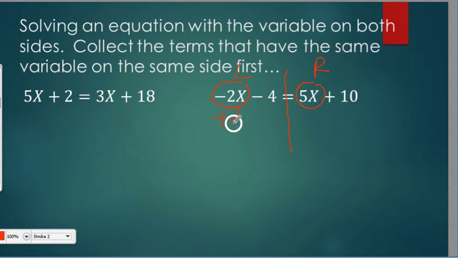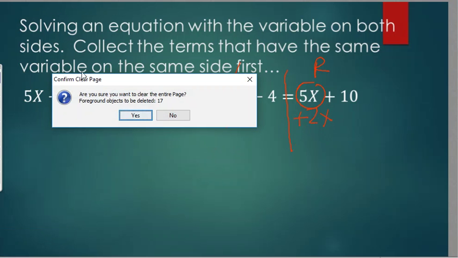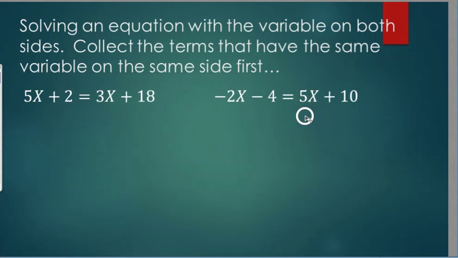I could add 2x, which would wipe out the negative 2x on this side, and then I would need to add 2x on the right side. So that's an option. I could also subtract 5x from the right side, which means I would need to subtract 5x from the left side, and it would wipe this term off of this side.